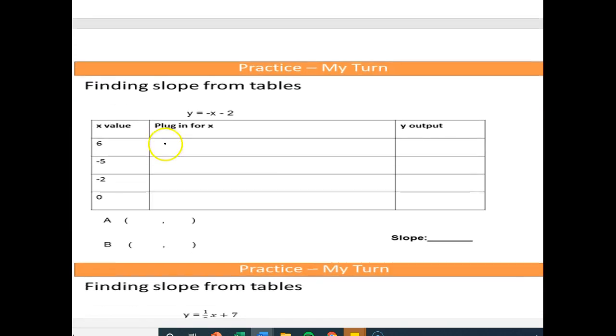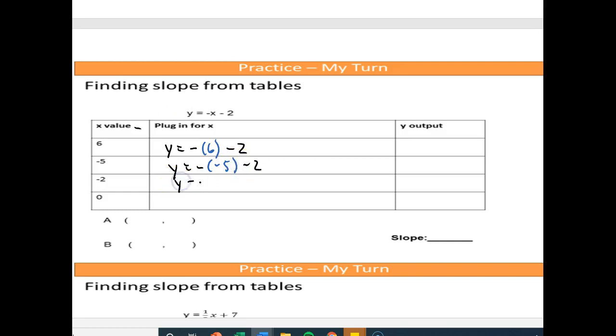Be very careful with this negative, so I'll plug in for you to start: y equals negative, and then parentheses 6 minus 2. So when you get into these negatives, y equals negative, parentheses negative 5 minus 2.